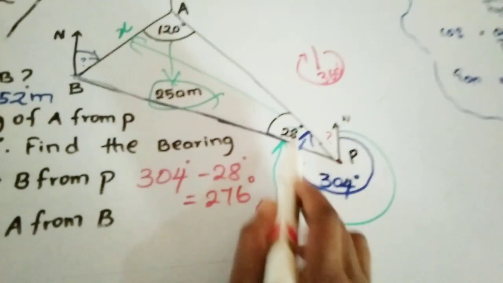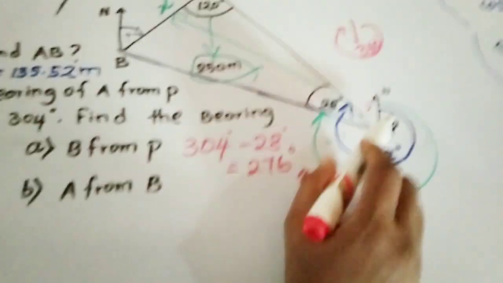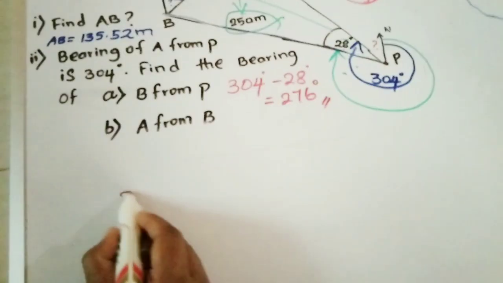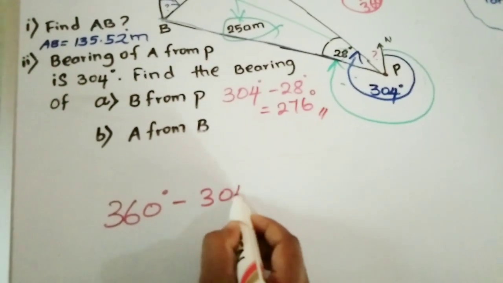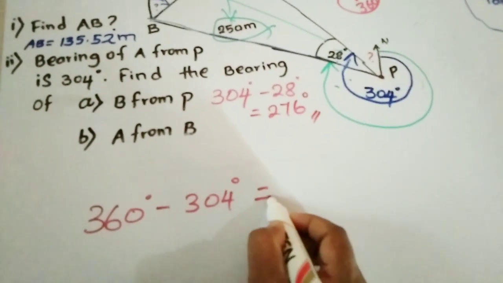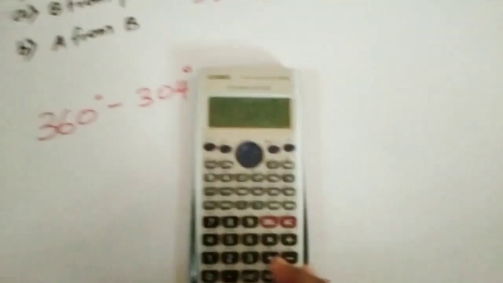According to that theory, here the angle is 304. So, by finding the remaining angle, 360 minus 304, what's the value for that?